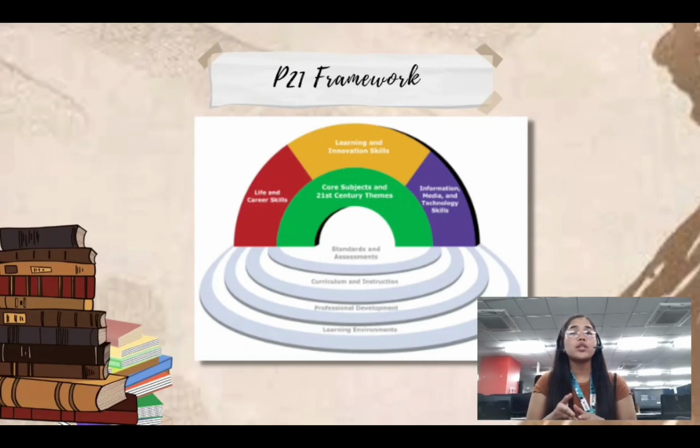Even the P21 framework for the 21st century skills has basic knowledge and skills: the 3Rs and the 21st century themes, which are global awareness, financial, economic, business, and entrepreneurial literacy, civic literacy, and health literacy, as foundation for 21st century skills, namely learning and innovation skills, information, media, and technology skills, and life and career skills.